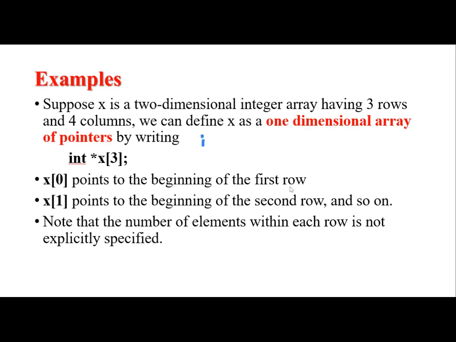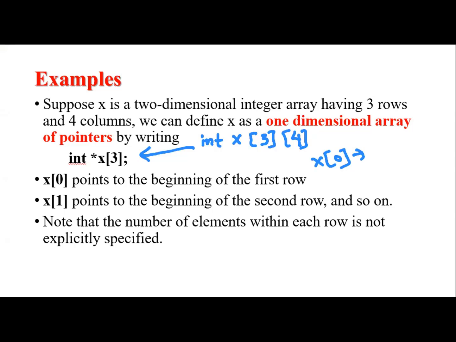So let's say our actual array is int x[3][4]. Let's say this is our actual array. Now we want to store this array. By defining as a pointer, we can write it as int *x[3]. So by writing x[0], this one will point to the first element.